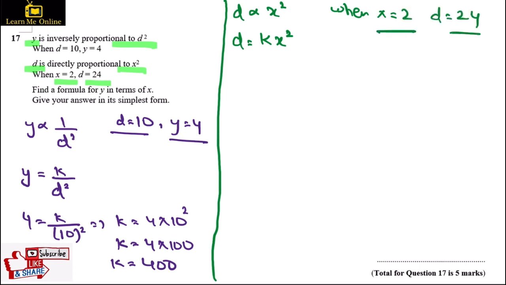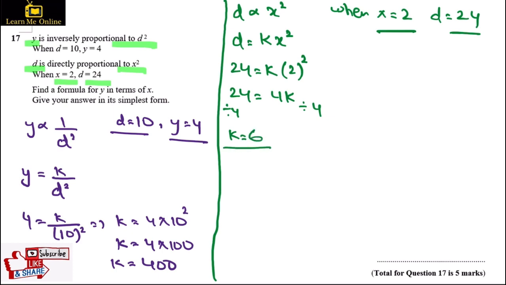We're going to use this to find out the k value. d is 24, k we don't know, but x is 2, so square. 2 square is 4, that's 4k. To find out what the k value is, we divide by 4 on both sides, and k would be, how many 4 makes 24, 6.